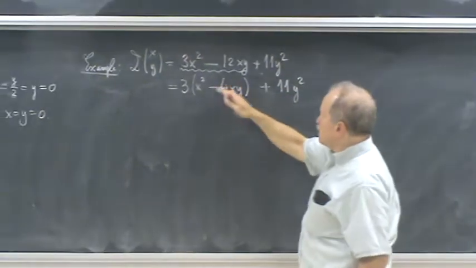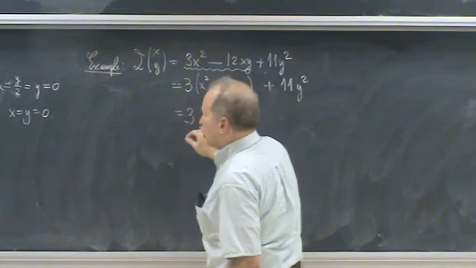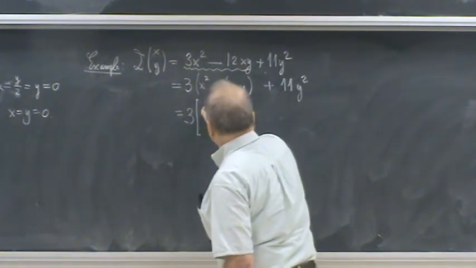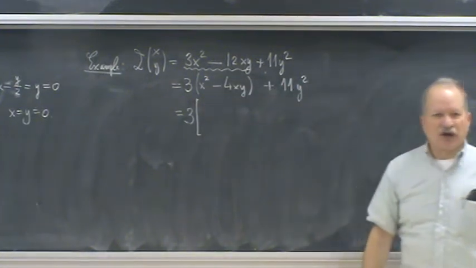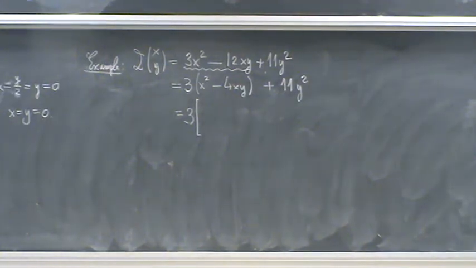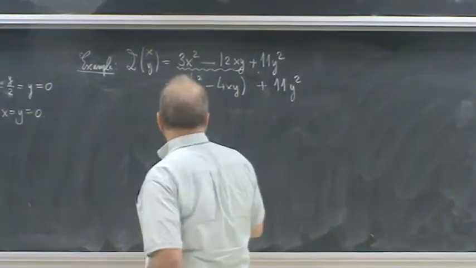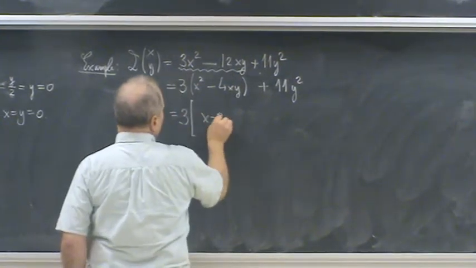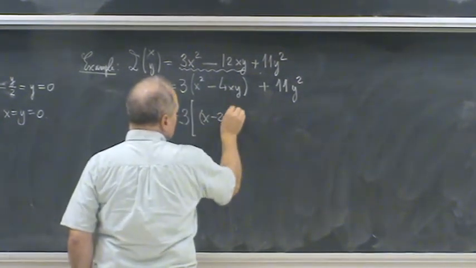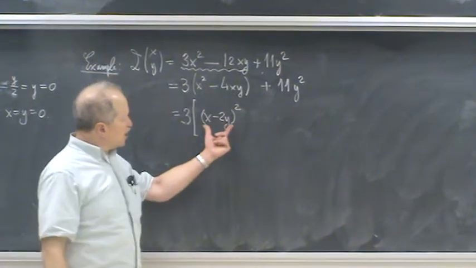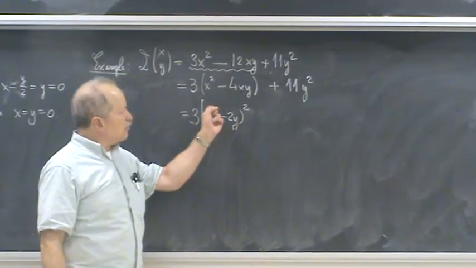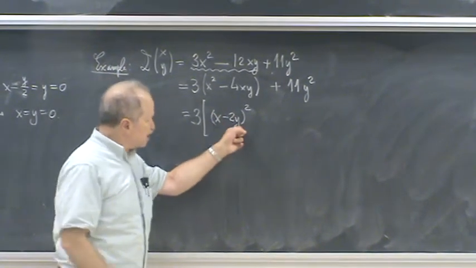What am I going to do on this piece? Well, I'm going to do what I did before. Can you write this as a perfect square, but then correct it? So it's x minus 2y, squared. If you square x minus 2y, you get x squared minus 4xy plus 4y squared.